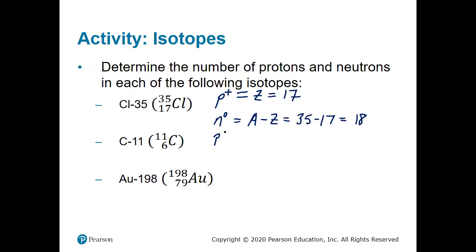Protons I get directly from the atomic number. So for carbon 11, that would be 6. Neutrons I get from the subtraction of the mass number minus the atomic number. So for carbon 11, that would be 5.